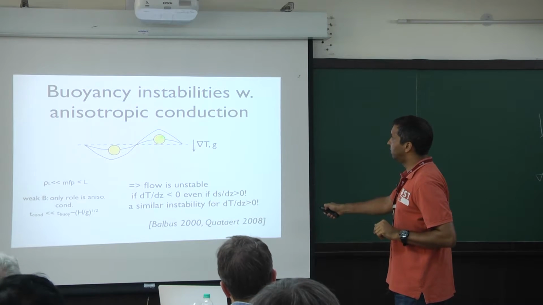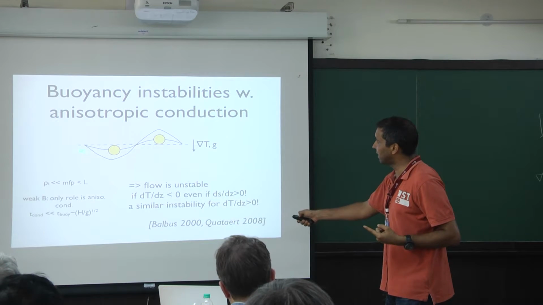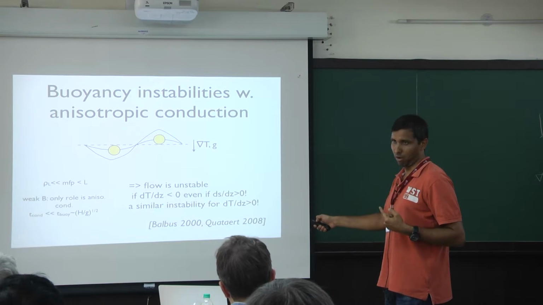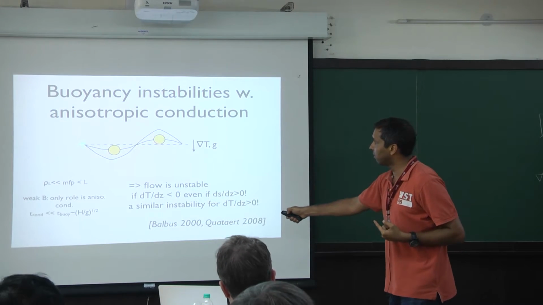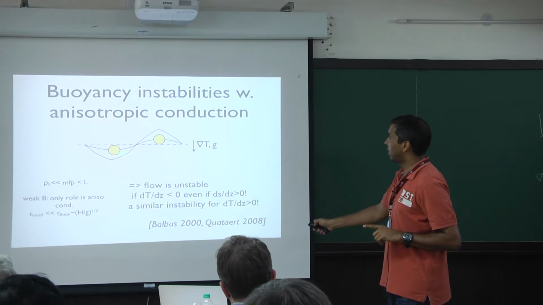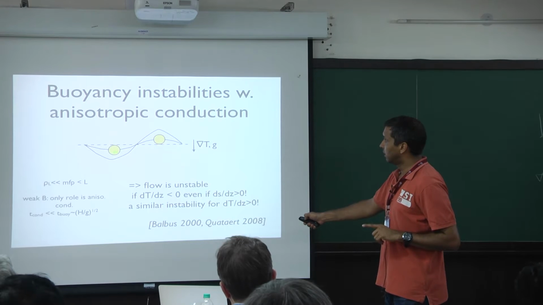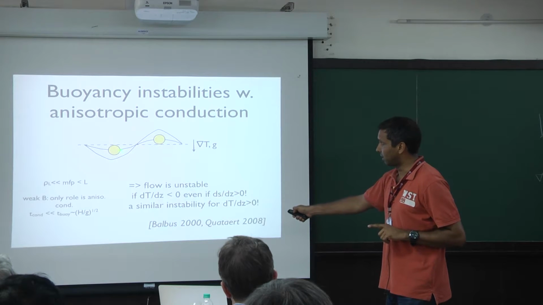But conduction is fast. So this magnetic field line is isothermal. So this blob has the same temperature as this blob, and all of them have the same temperature as this dashed line. Okay, but now look at this blob. This has the same temperature as this guy, but the background temperature is higher here.